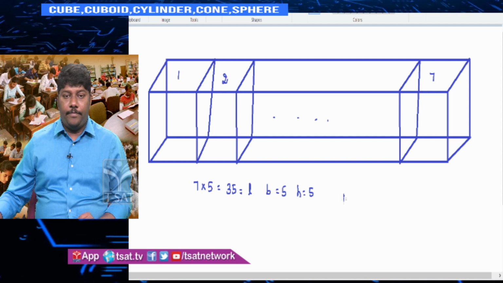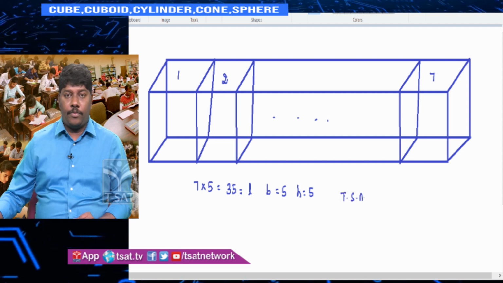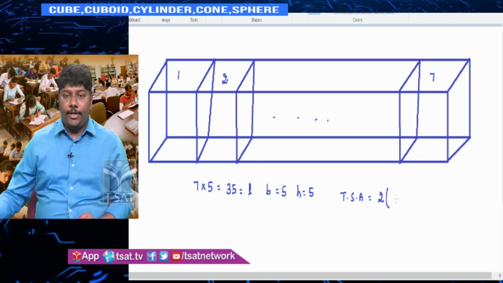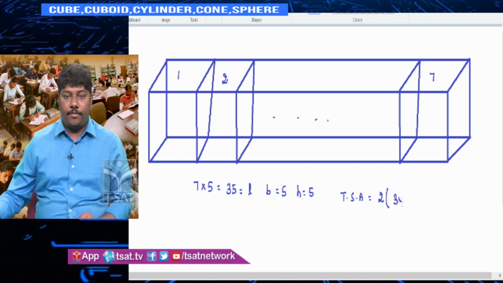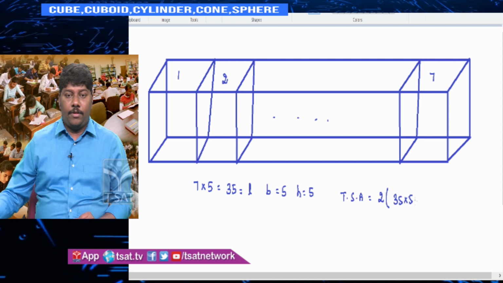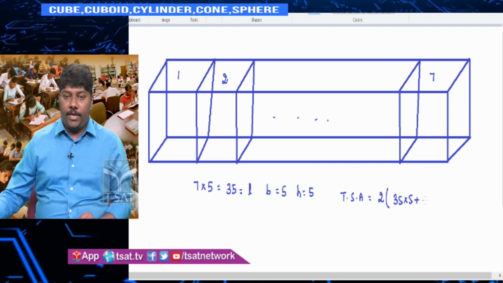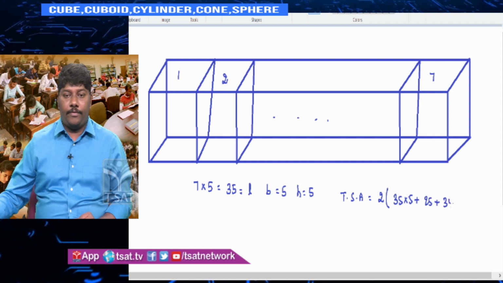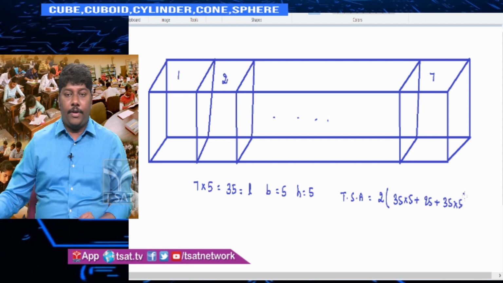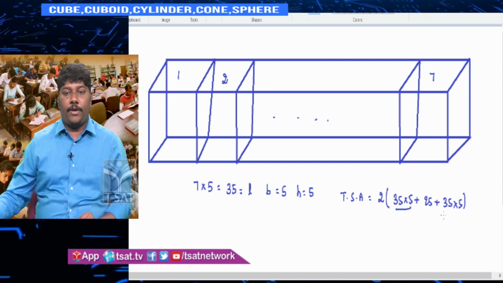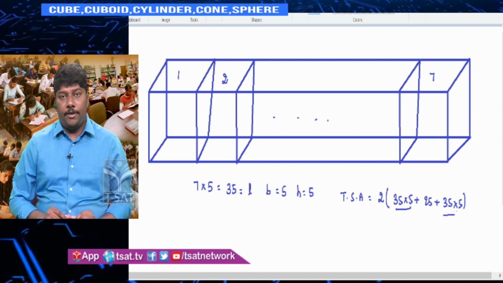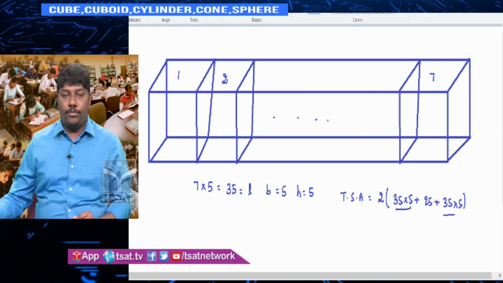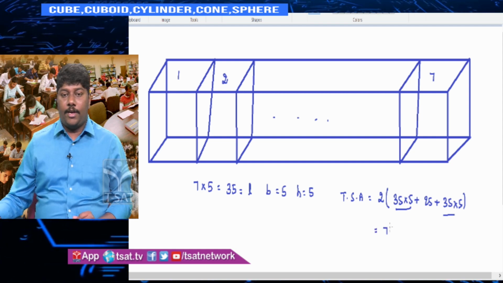Total surface area is equal to 2 into (LB plus BH plus LH), 35 into 5, plus 5 into 5, 25, plus again 35 into 5. 35 into 5 and 35 into 5 becomes 35 into 10, that is 350, plus 25, 375, into 2. Total area is 750.